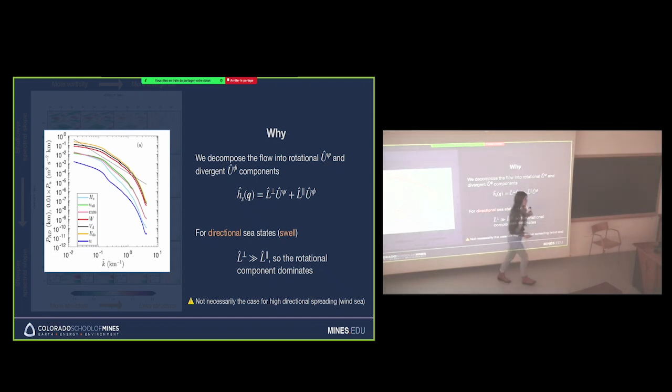So at large scales, we have mostly balanced motions that are in geostrophic balance and they're mostly rotational. But then when you start to get to high wave numbers, divergence kicks in and you get a flatter spectral slope in your kinetic energy. But your significant wave height is just going straight down because it's just following the spectral slope of the rotational kinetic energy.